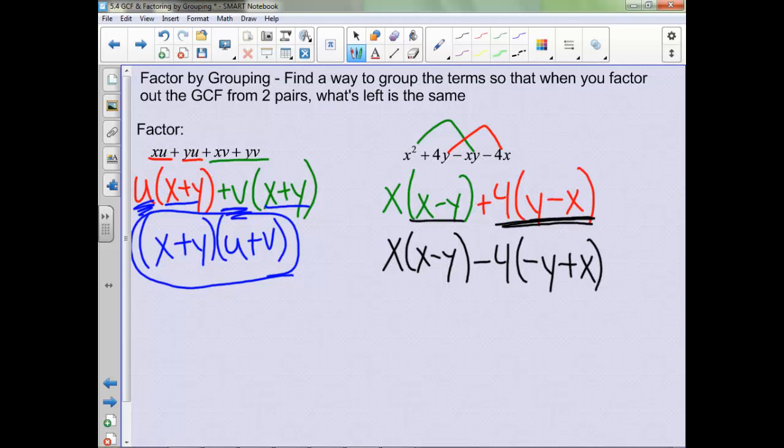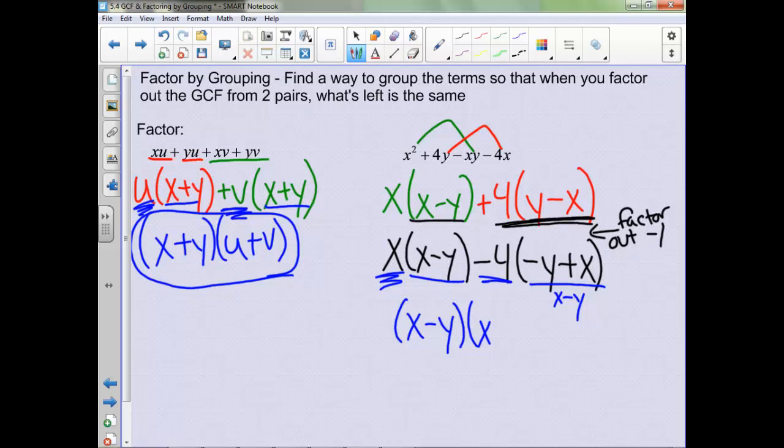We factored out a -1. Now, notice this is the same as this. They're written in a different order, but both of them are x minus y. And so now that is the same, so we can factor that from both, and we're left with this x minus 4.